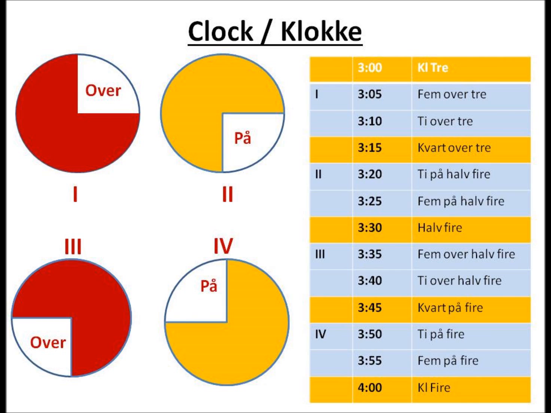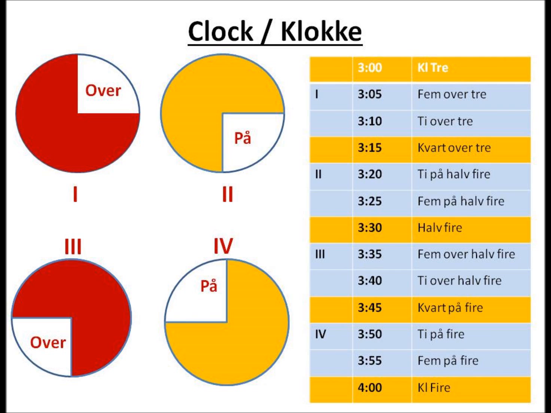So if the time is 3:20, it is ti på halv 4. From here on, after the first quarter, we start using the next hour. We no longer use the previous hour like in English.